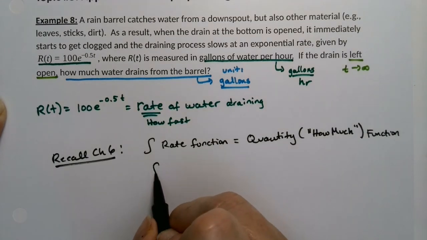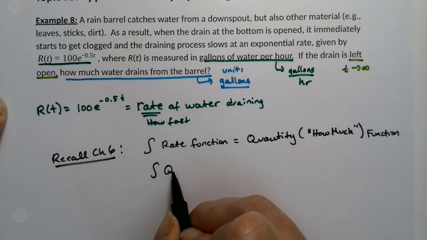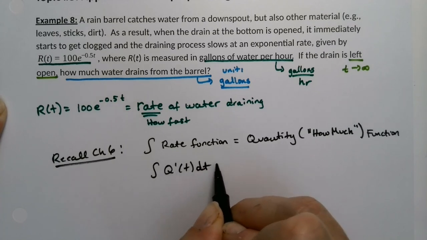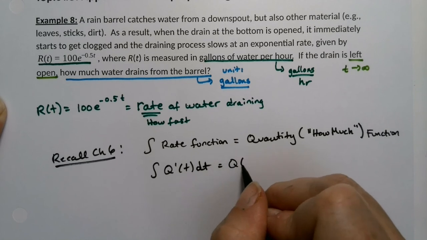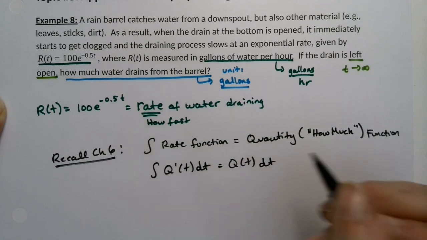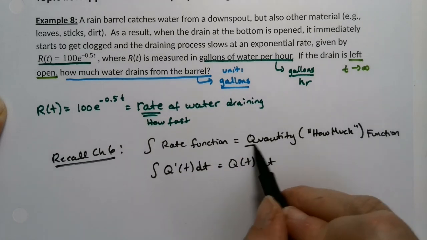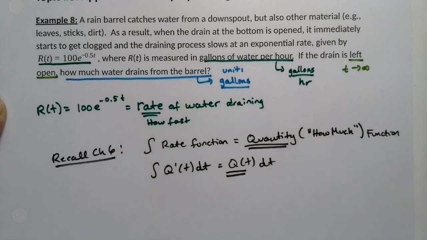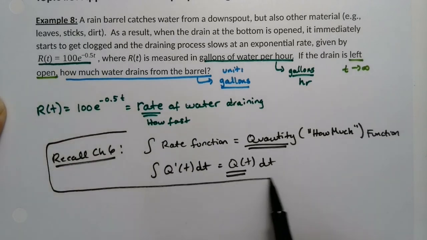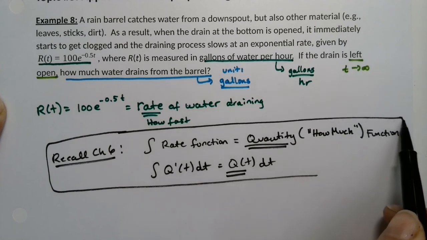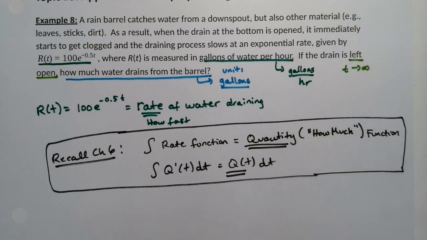In other words, and we learned this back then, if you take the integral of q prime of t dt, that's equal to q of t, quantity, right? All right, so let me just box that. We've seen that before. It's the fundamental theorem of calculus, but with applications, right?